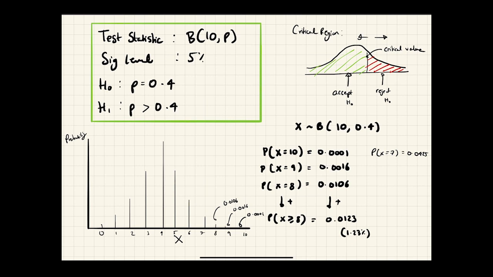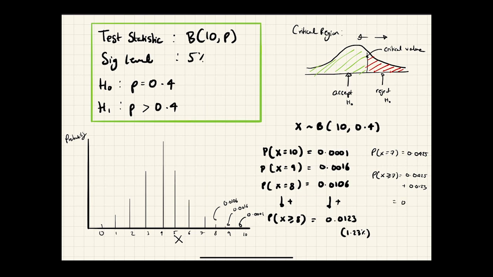0.0425. And then if I add up all of these values, so I add up the one for this, this, this, and this, what I'm going to end up getting is the probability of x being more than or equal to 7. And what this is equal to, let's just add all of this up: 0.0425 plus, I got 0.0123.